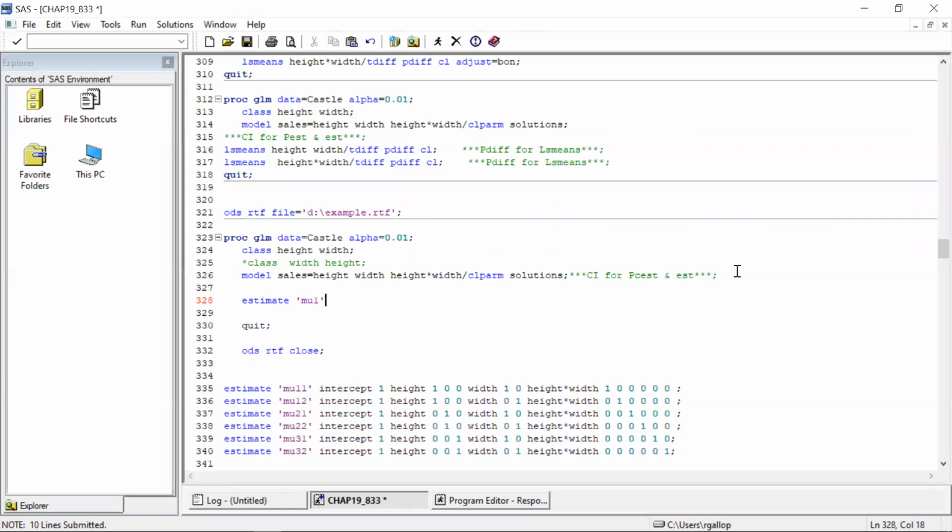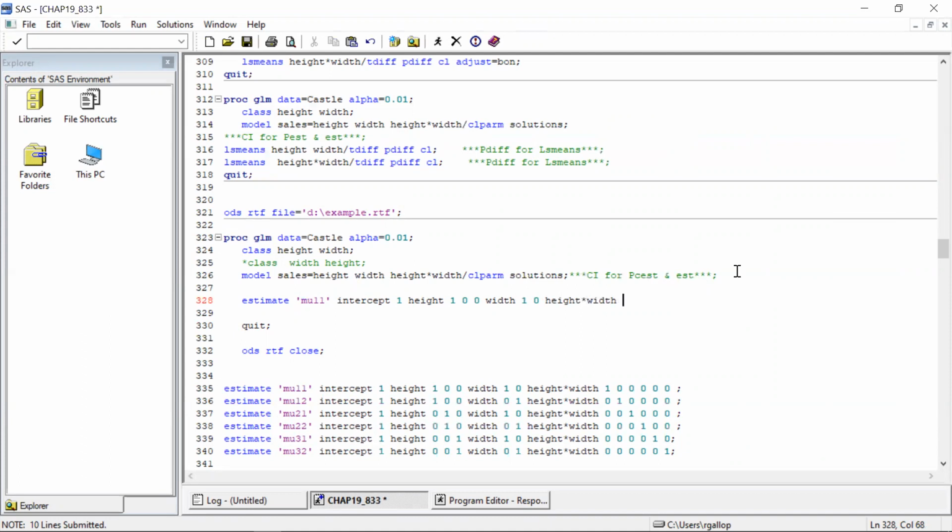So if we go to mu1, 1, we need the intercept, 1. We need the height, level 1. We need the width, level 1. And then the height star width.